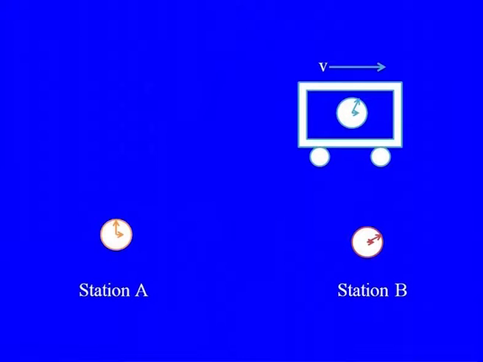He checks the time on his wristwatch and adjusts it according to the time at station A, so that he synchronizes his clock with station A. Now, when he passes station B, what he will observe is that the time on his wristwatch and the time on the station clock at station B will not match. So this is a more pictorial way of saying the thing.